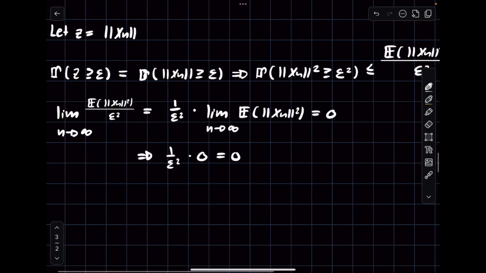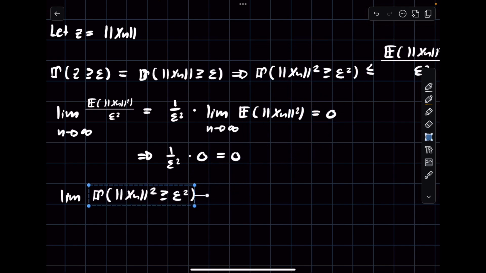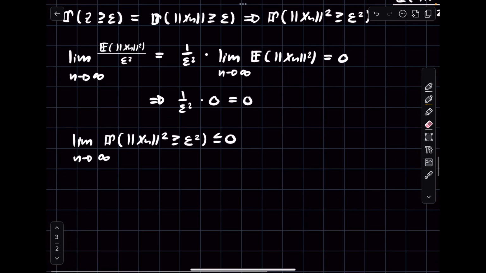Therefore, we can say that the limit of this, as n approaches infinity, must be lower or equal to 0. Now, we know for a fact that we can remove the squares and that will not affect our computing.